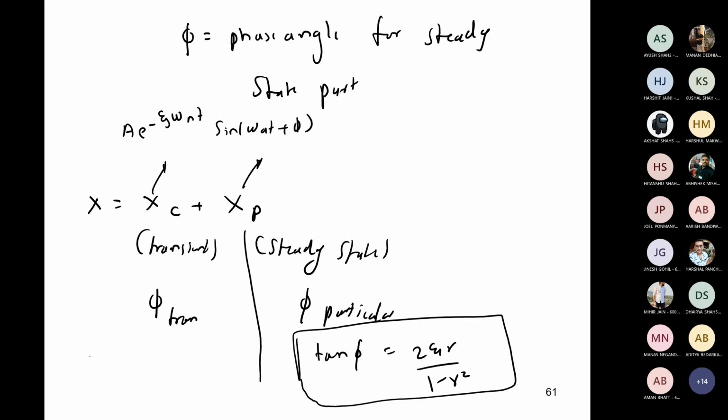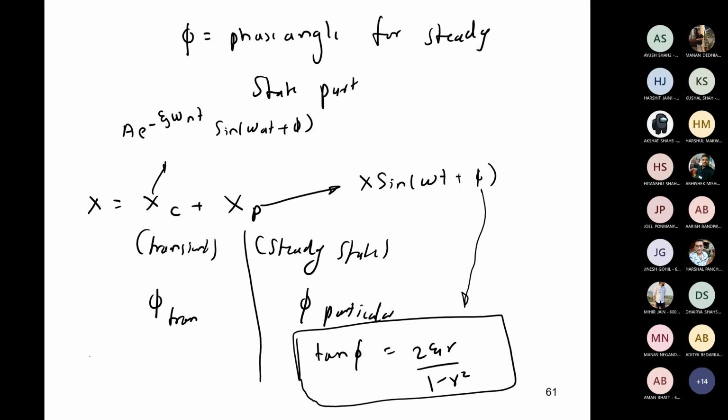The particular integral is x sine omega t plus phi. So this phi you can calculate by this method.